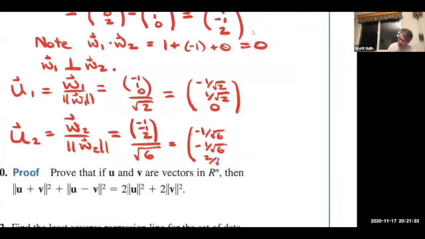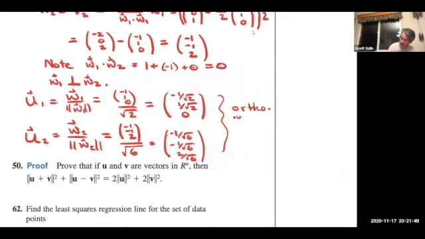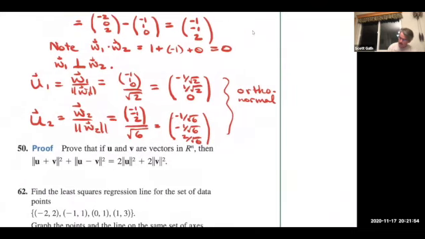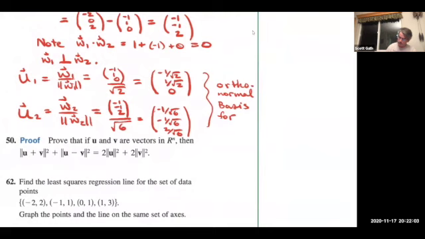And I'll leave it to you guys to simplify all this. Okay, but technically you want to reduce or get the denominators rationalized. So these are orthonormal unit vectors. And they make a basis for this solution space, which was called W. And that's that.